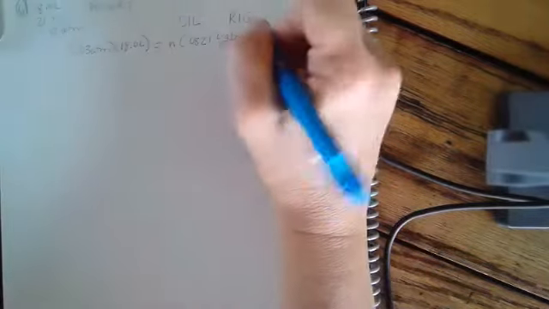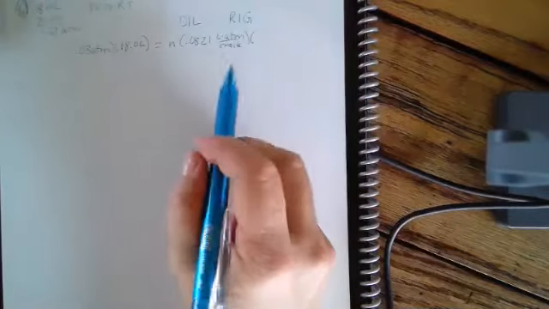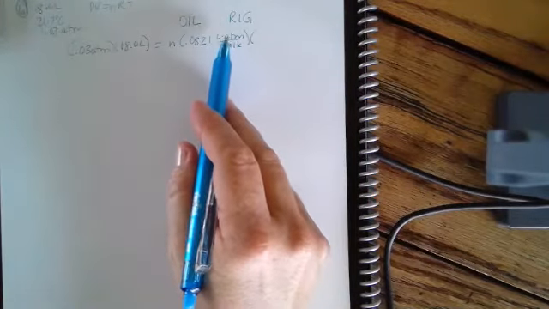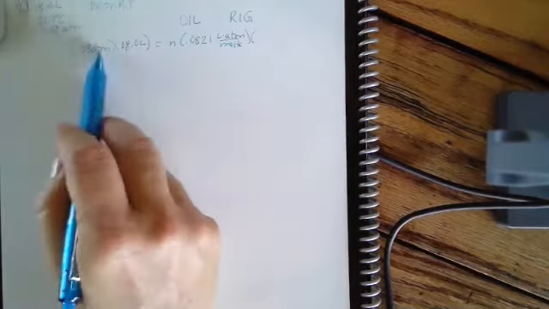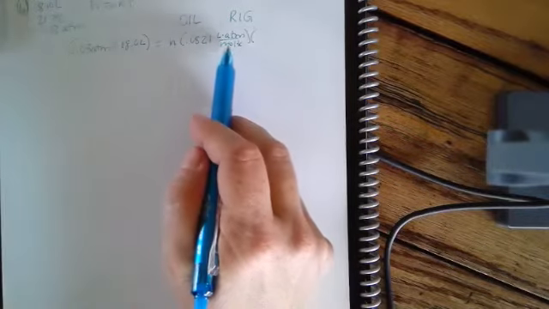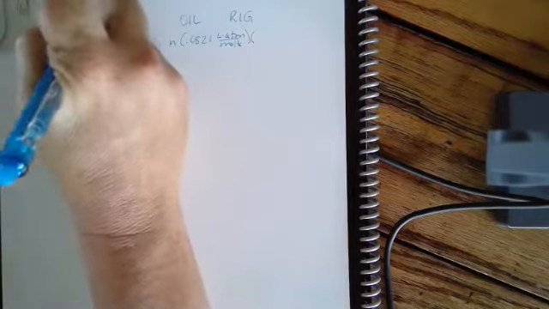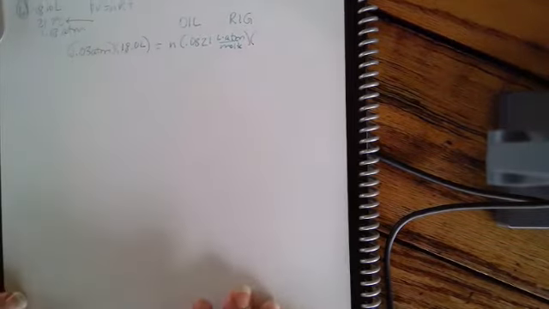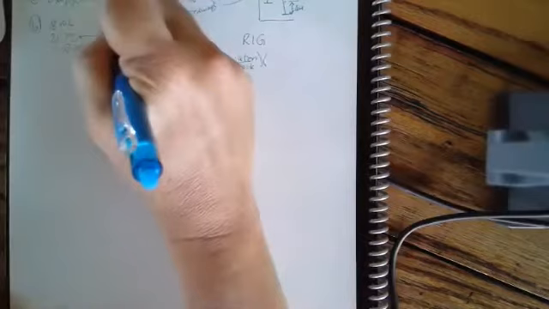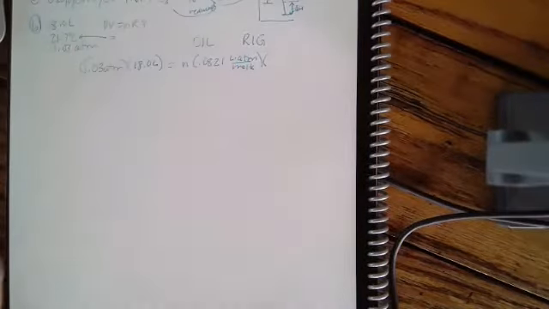All right, so n, R, and T. Well, my gas constant has liters and atmospheres, so those match, and that's fine. Over moles Kelvin. Well, my temperature has to be in Kelvin.